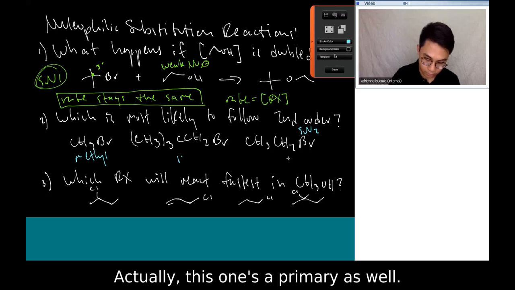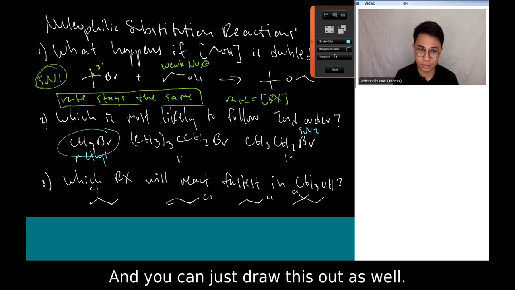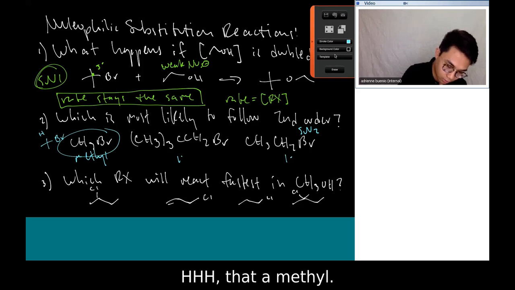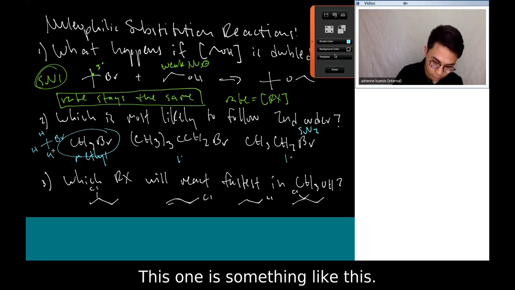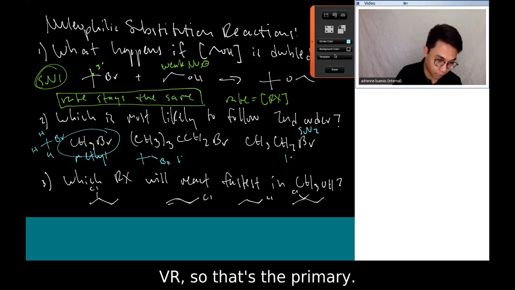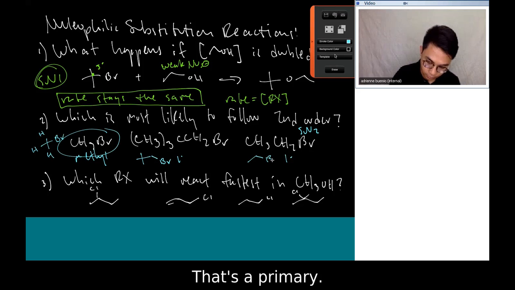Actually, this one's a primary as well, right? You can just draw this out as well. This one is like this, H, H, H, that's a methyl. This one is something like this, Br, so that's a primary. And this one's just this, Br, that's a primary, right?